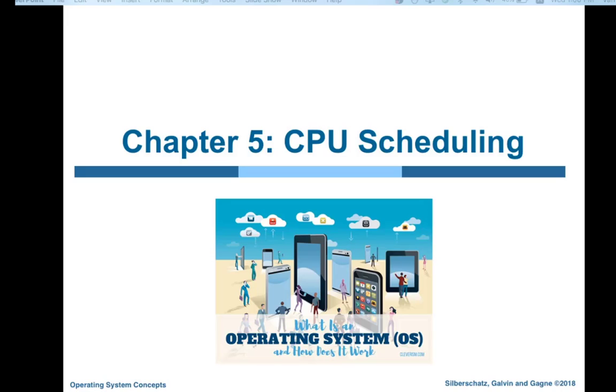In a simple computer system, the CPU then just sits idle. The CPU is free. At that time, the operating system takes the CPU away from that process and gives the CPU to another process that is currently kept in the memory and in the ready state.